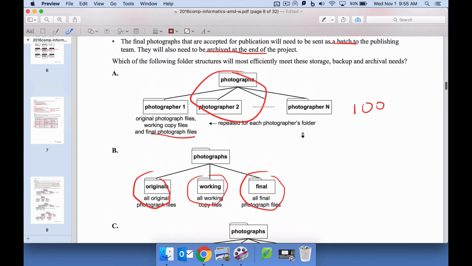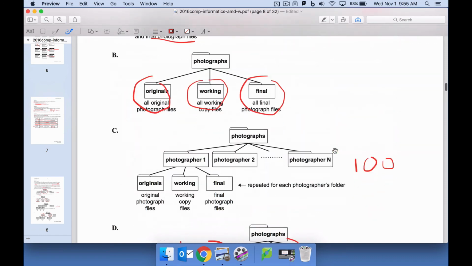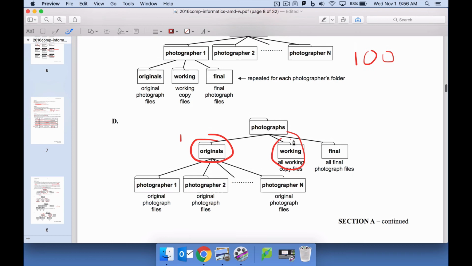That addresses the second point where they need to manipulate and back up these daily. That'd be easy to back up because that'd be a simple single folder backup and you wouldn't have to go into each folder to back each one up. And you would also be just backing up the working files and not original or other irrelevant files.